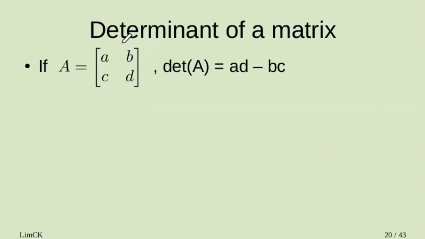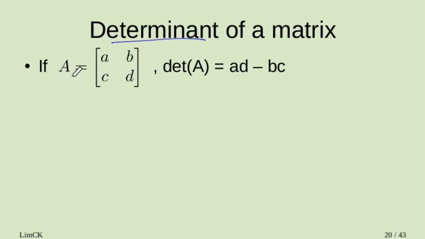Okay, every square matrix has a special number which we call the determinant. There are many ways to find the determinant of a matrix, but we are going to introduce a very simple but recursive method.